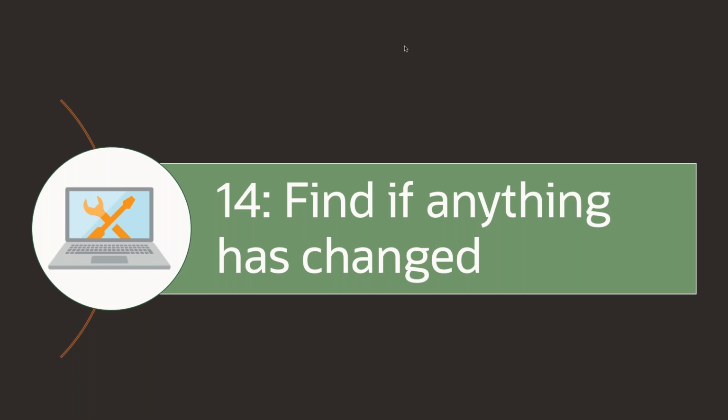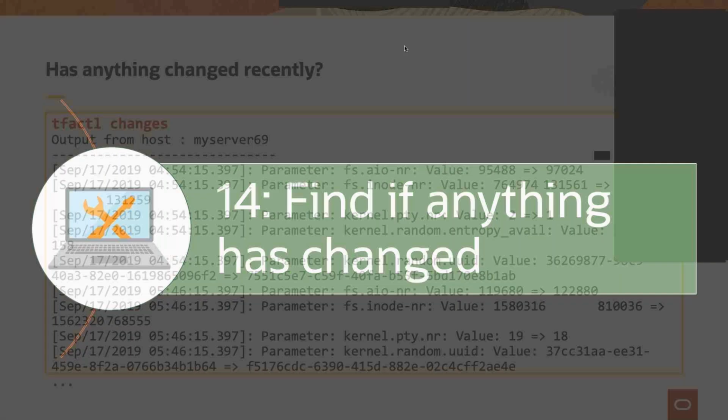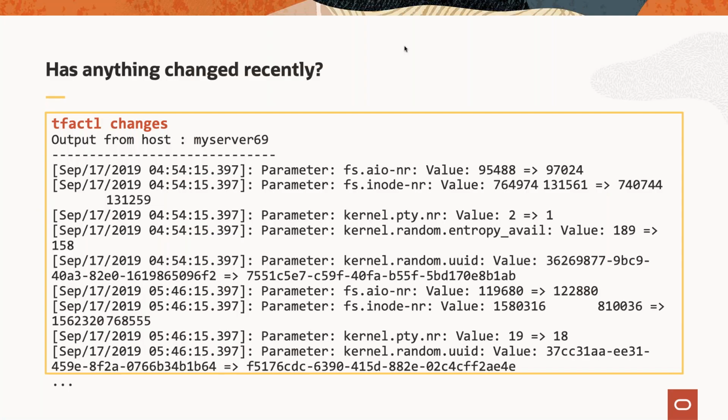So what we did was we added this thing called tfactl changes. What that does is it allows us to track changes, and everything that has changed on your system, from a parameter to an operating system patch application to a database patch application, is all tracked, and it displays the old and new value and the time the value was changed.